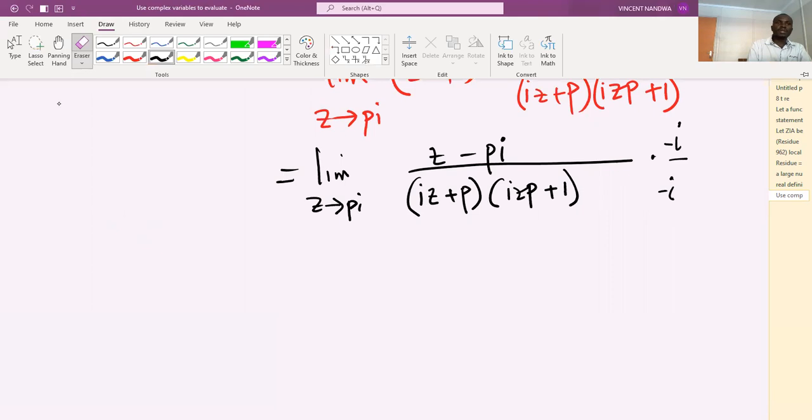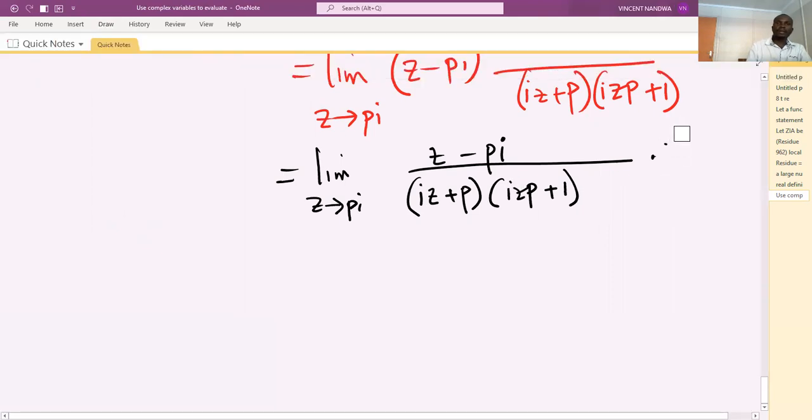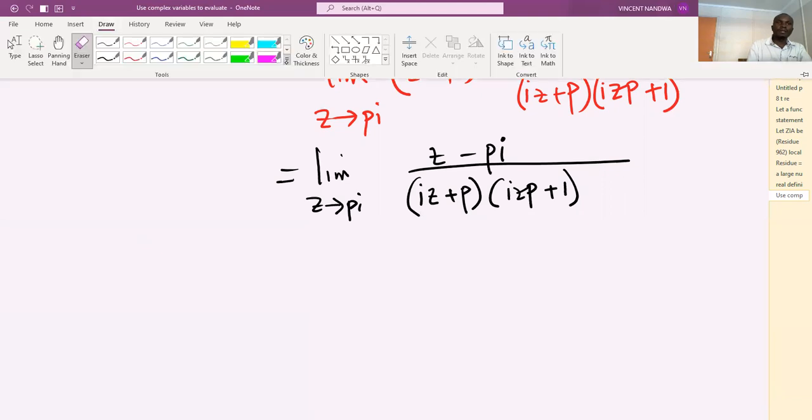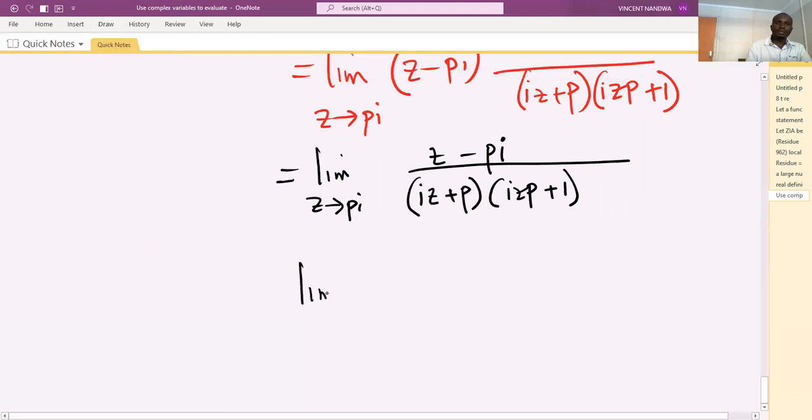Okay. If I factor out negative I in this term here, I'll get limit z approaches pi. So this is z minus pi.